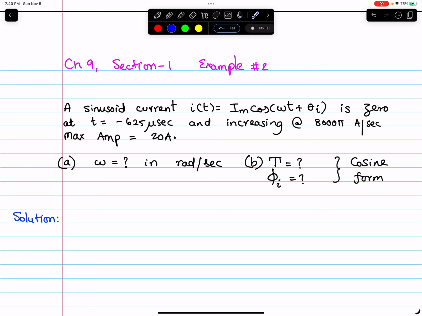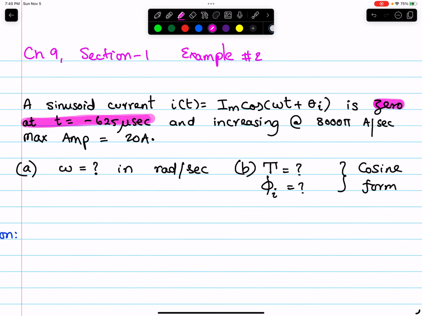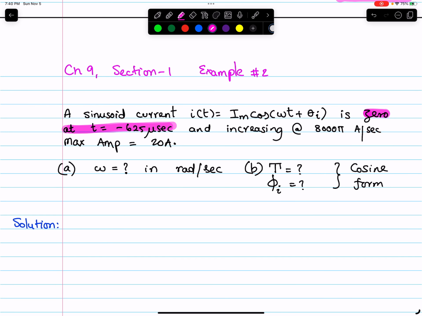Okay, so a bunch of interesting information is given. Let us try to identify what is given first. The first piece of information that we can use is that the value of this current is 0 when t is negative 625 microseconds. Let's park that information to one side.